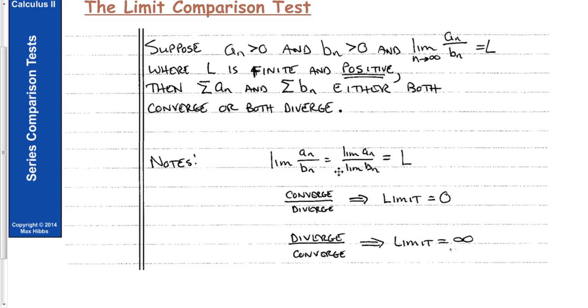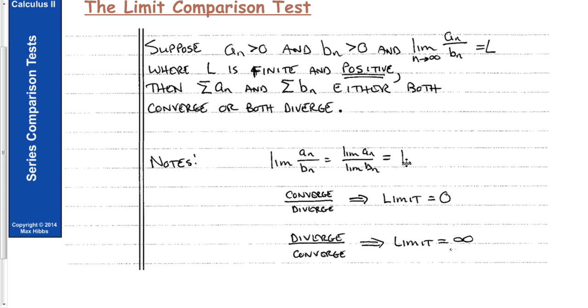See, for a series to converge, so if the top series converges and the bottom series diverges, well, for a series to converge, the limit of the a sub n's would have to go to 0. That means the limit up here would be 0. And so we couldn't have 0 over a number equal to a non-zero number.